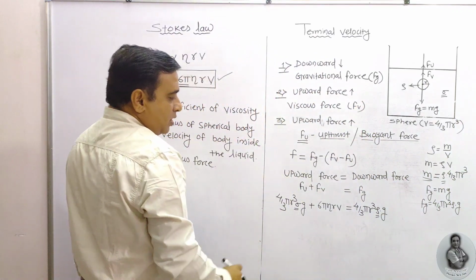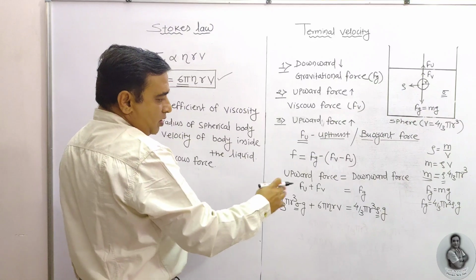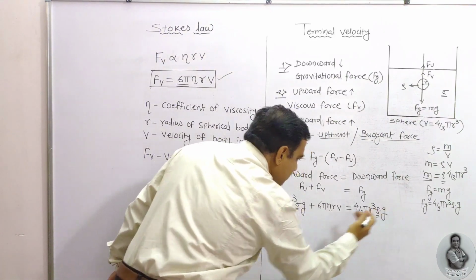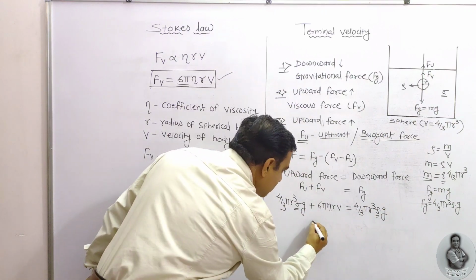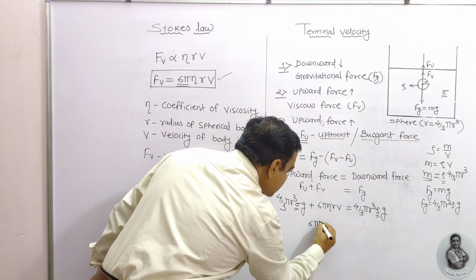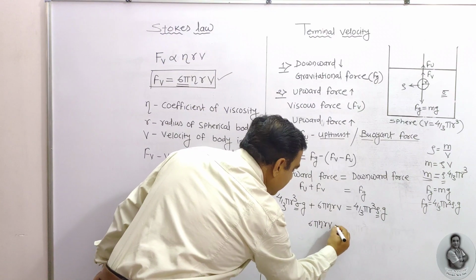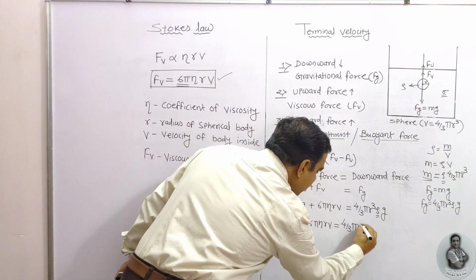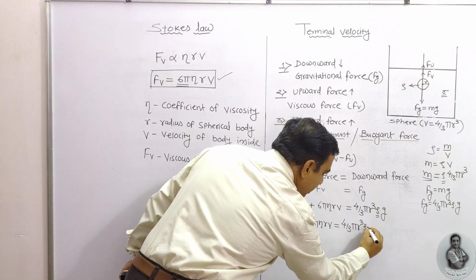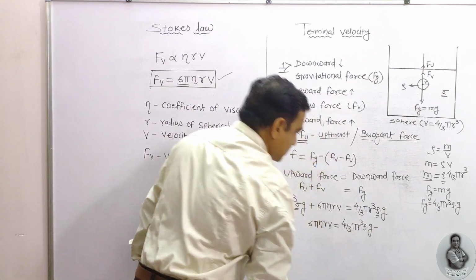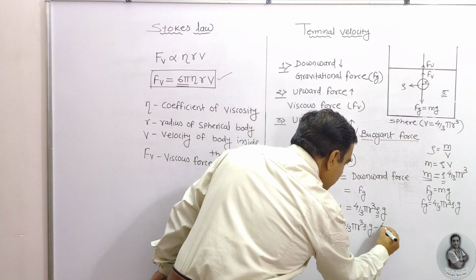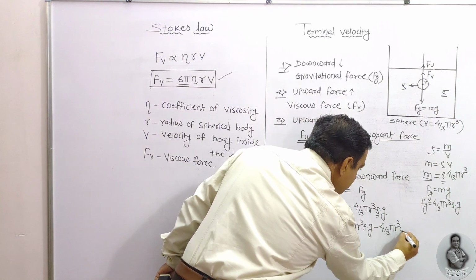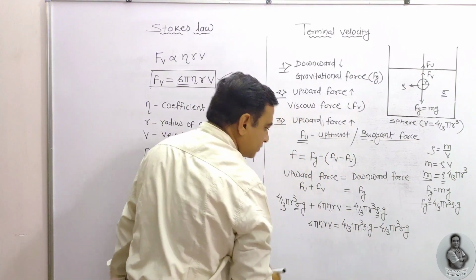And hence, after exchanging all the terms, shifting to the RHS, I am going to write 6 pi eta r into v is equal to 4 by 3 pi r cube rho into g minus 4 by 3 pi r cube sigma into g.